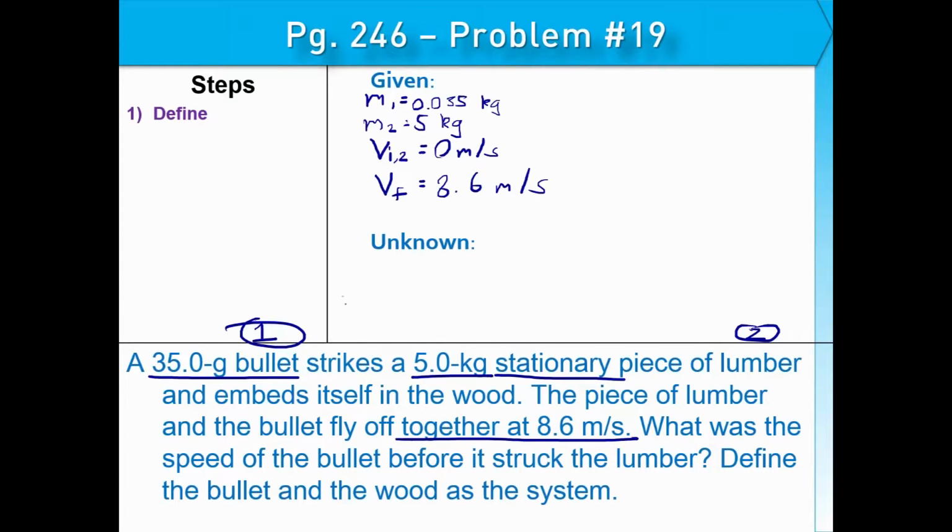What's our unknown? The question's asking what was the speed of the bullet before it struck the lumber, so I just need the magnitude of the velocity. The unknown is the initial velocity of object number 1.